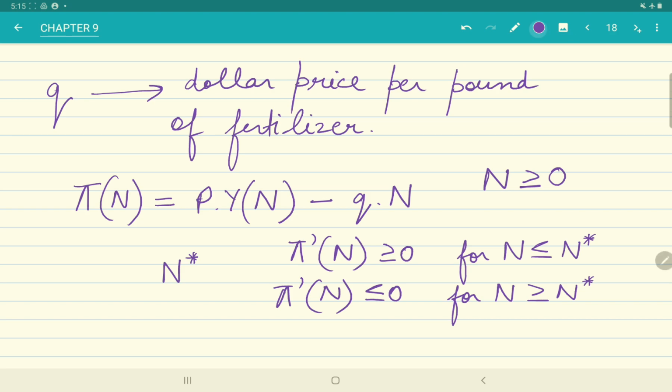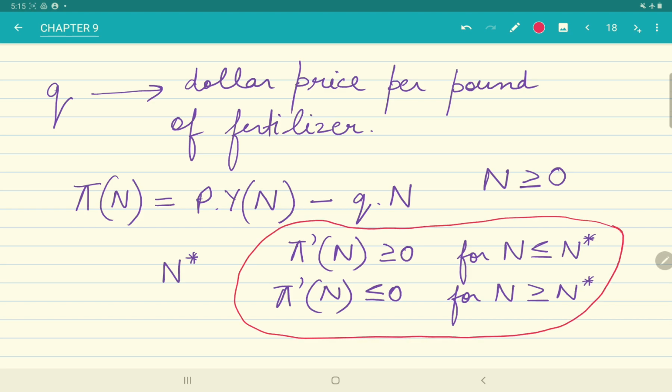From this we see that pi prime n is greater than or equal to 0 for n less than or equal to n star. It is less than or equal to 0 for n greater than or equal to n star. Then obviously pi prime n star will be equal to 0.